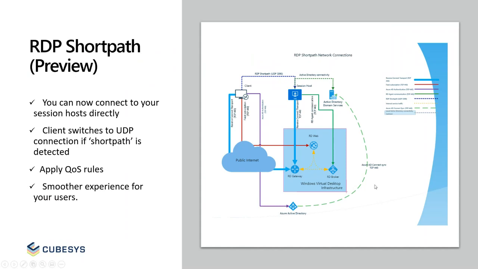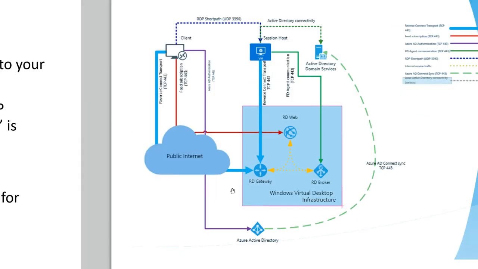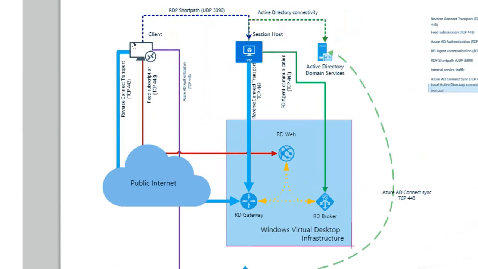So if I just zoom in over here a little bit, traditionally what happens, the client will contact the broker in the public internet and be sort of tunneled via the gateway service to the gateway machine itself. What happens when RDP short path is enabled?